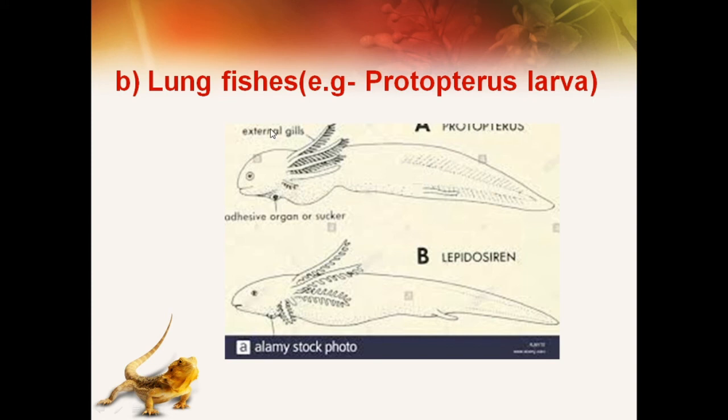On the lateral sides there are external gills having a bushy structure in both cases. They develop from the outer epithelium over the gill arch, while the Lepidosiren larva or fish has many combed, elongated external gills lying on either side of the pharynx for aquatic respiration.